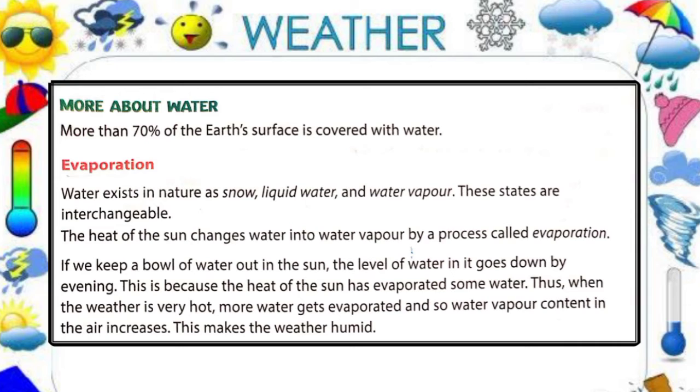If we keep a bowl of water out in the sun, the level of water in it goes down by evening, because the heat of the sun has evaporated some water. When the weather is very hot, more water gets evaporated, and so the water vapor content in the air increases, and this makes the weather humid.